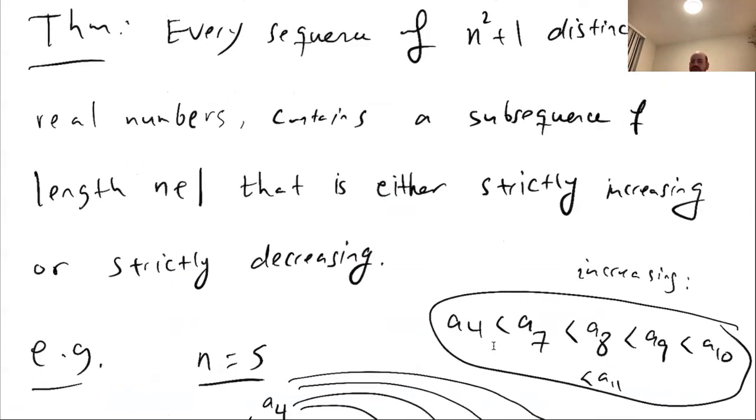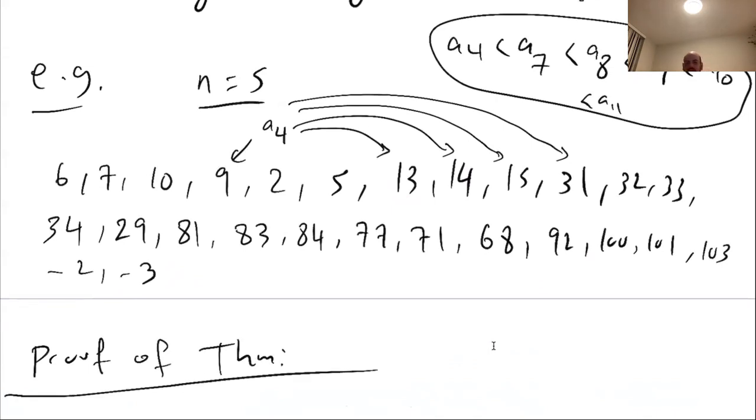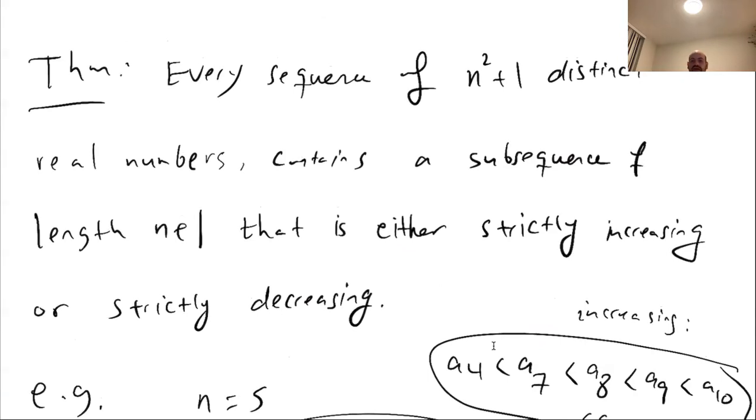So this is an example of this theorem. Of course, you know that examples are not proofs. So let's see how we can prove the theorem. Proof of theorem. Okay, so again, we have n squared plus 1 distinct real numbers.